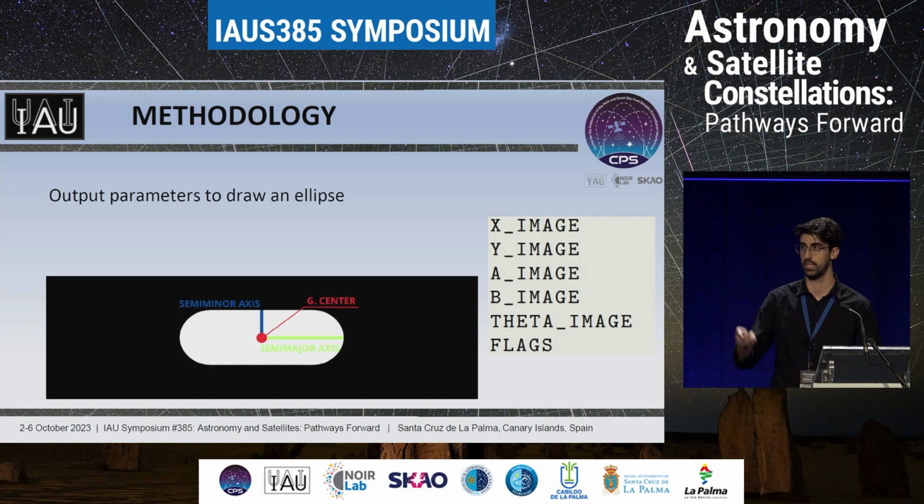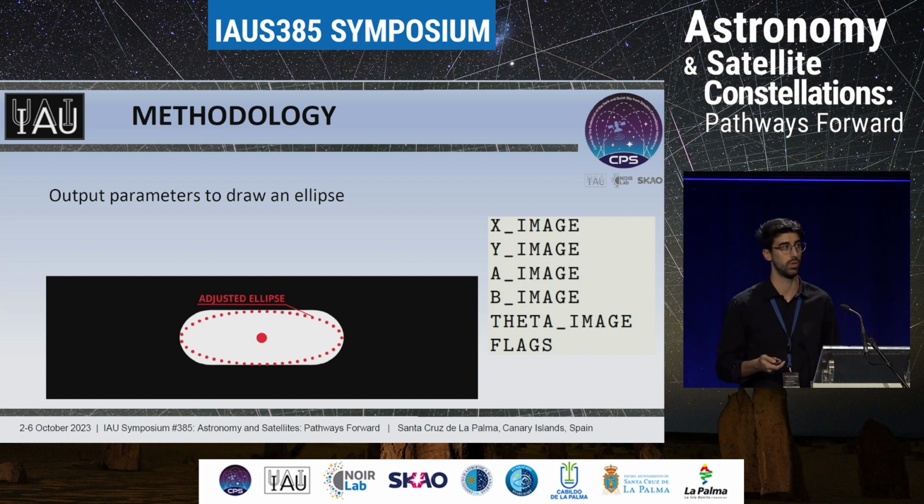This defines the output parameters of our software, and we're going to use them to position an ellipse with this data. So at the end, after using our software, we're going to have the geometrical center of this trail as well as an adjusted ellipse using the geometry of this trail.